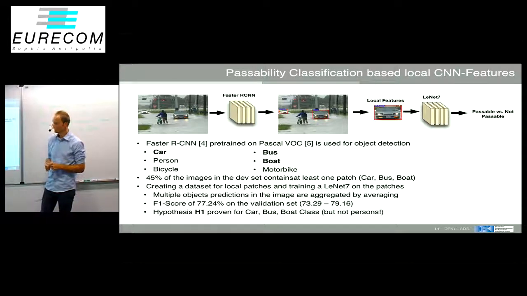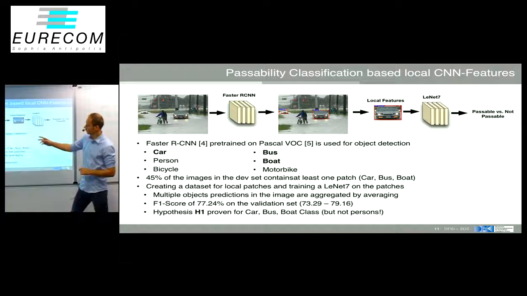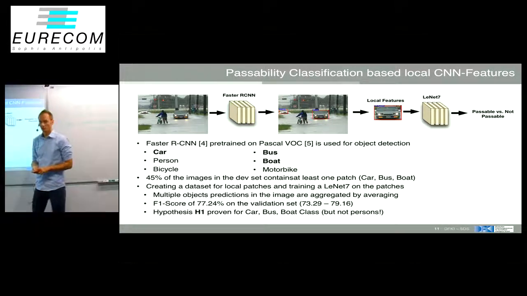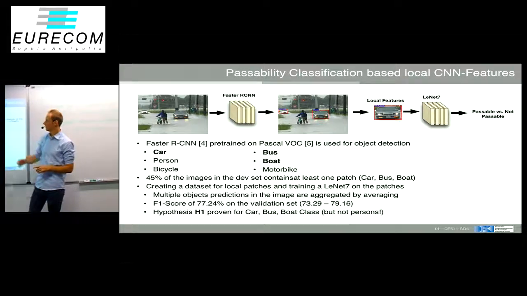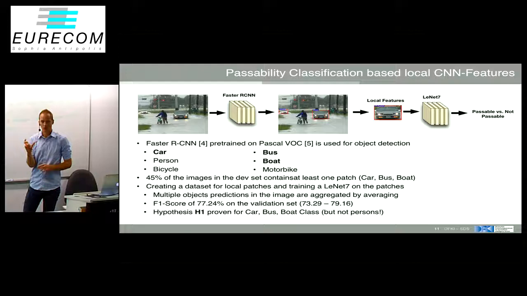For motorbikes and bicycles, we just had a few examples, so we didn't investigate them. For the other 4 categories, we cropped these patches out and trained a second network, which was very small. It was a LeNet, just to classify whether this small patch shows evidence of passability or not.